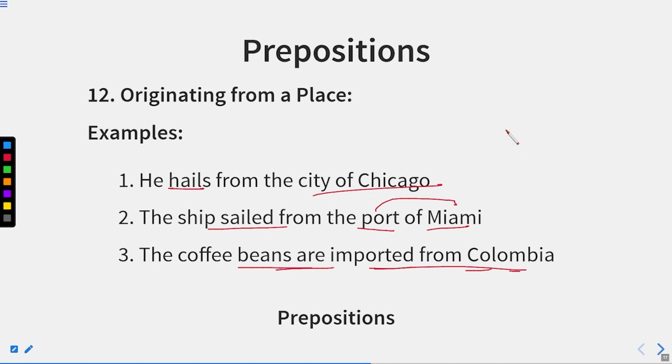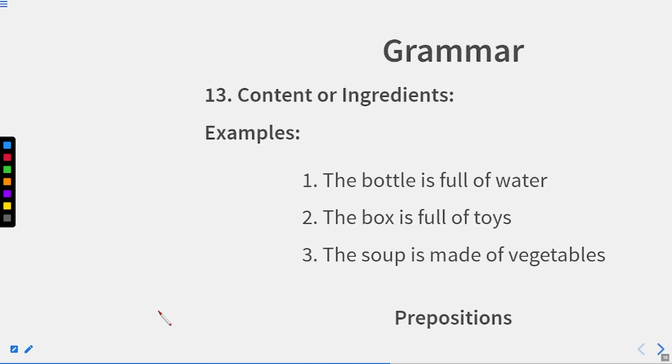One more thing is there. If I say he comes of a royal family, this phrase is showing that he belongs to this royal family, or his origin is from the royal family. So this is how we can use preposition of. Now let us move to the next one.